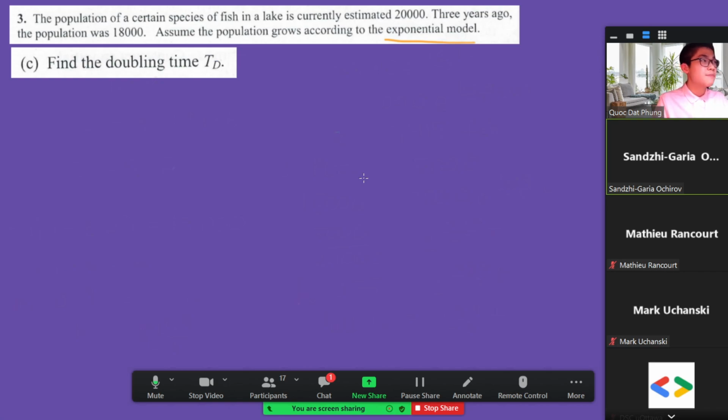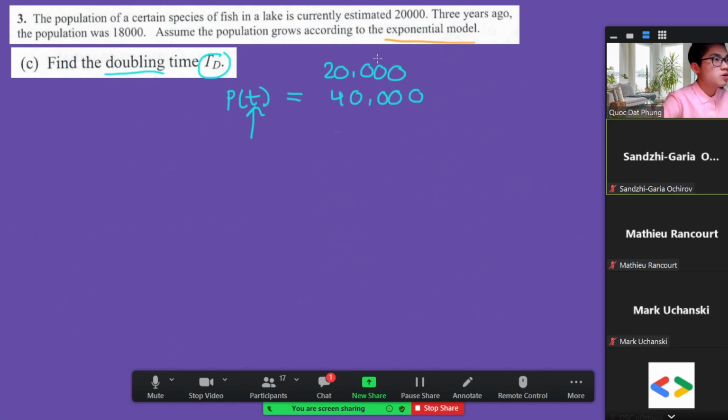The doubling time, basically what it means is you have here 20,000, right? So what happens when you double it? You get 40,000. And this says we find the doubling time. So basically that's saying that P(t) is equal to this number and we have to find t. Basically all that means is you double the initial population and then you find t. That's all it's saying. So this can be considered as TD, but let's just say t for now.